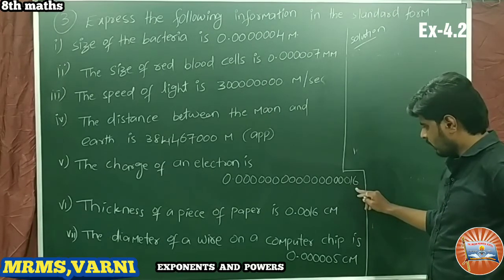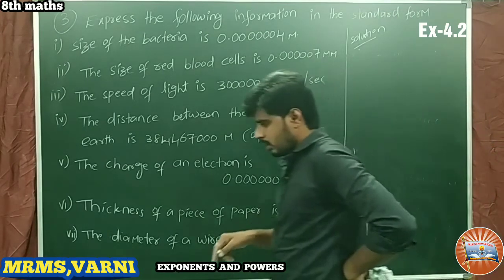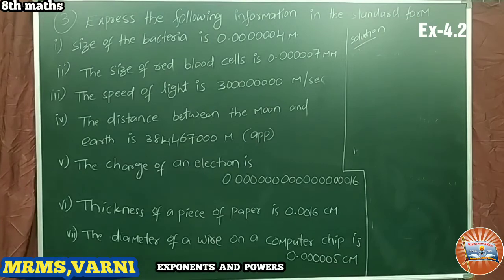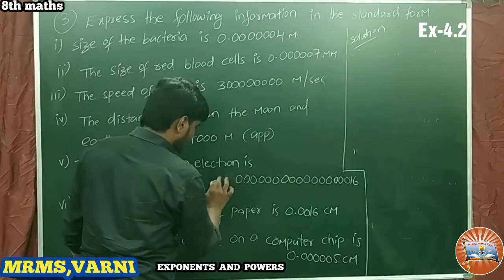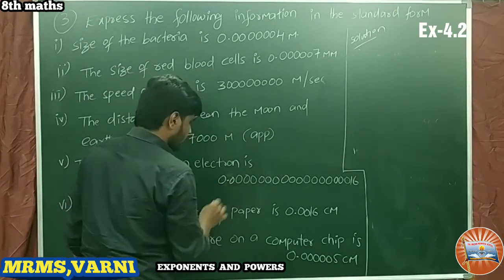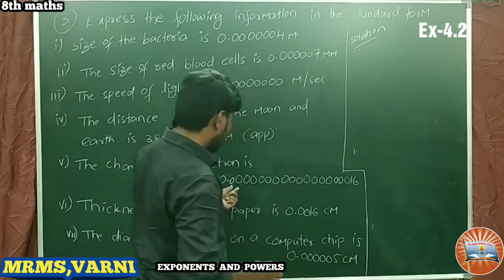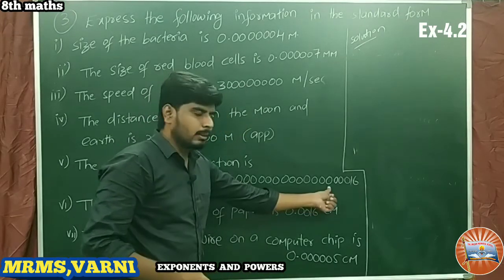I think it is not 18 places, it is 19 places. Right, here it is 17 zeros, so 1 more zero here. So after the decimal point we have 19 decimal places.